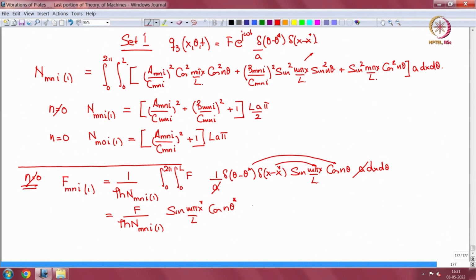So this covers the n equal to 0 case also; nothing special need be done, covered.